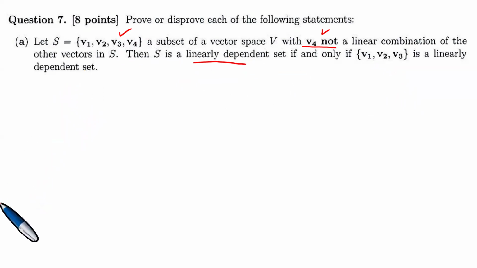This is a very important observation. But first things first, we take note that this is generally a true statement: S is a linearly dependent set if and only if V1, V2, V3 is a linearly dependent set.